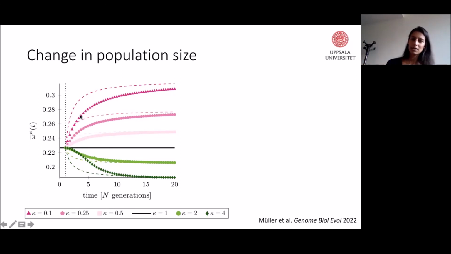If we don't ignore polymorphism, it takes much longer for the estimate to converge. Even though the blue interval is really short, with 20 time steps and the blue interval only 1 time step, it takes quite a while for the estimate to equilibrate to the new equilibrium.